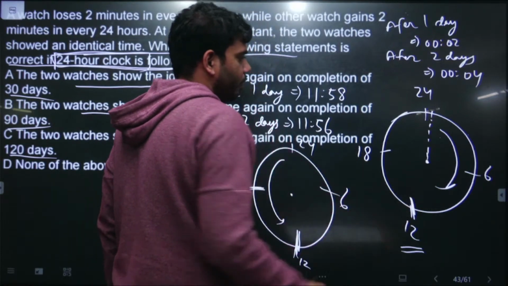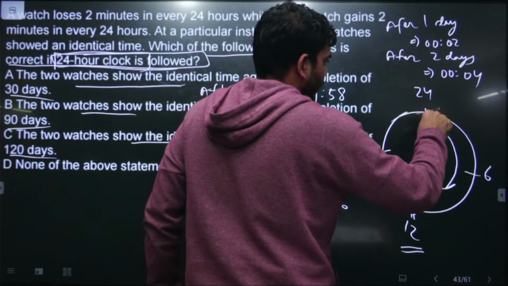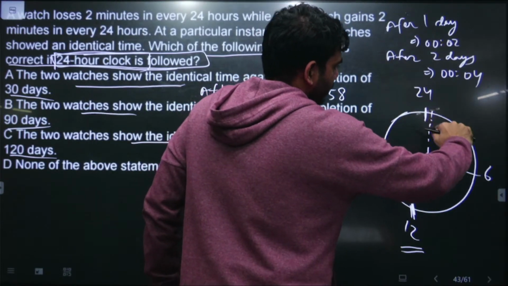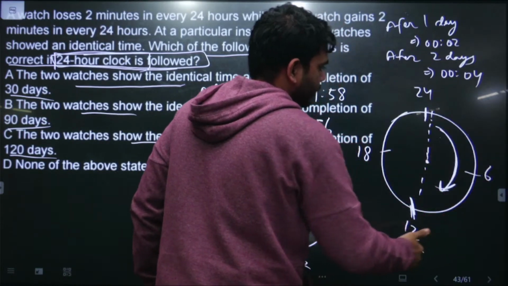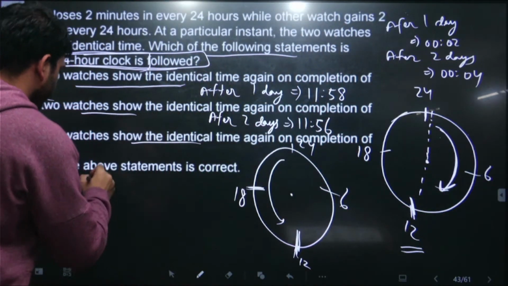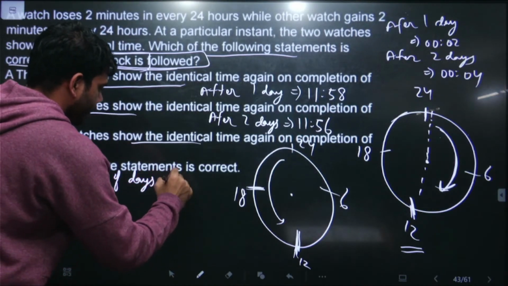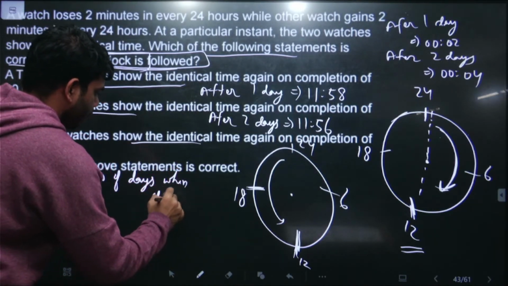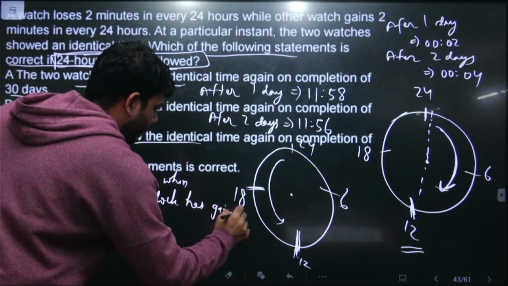Exactly at 12 they will be meeting, right? So taking any one clock, we need to find how many days will pass when this clock has moved ahead this much time. This is a complete 12 hours. So we need to find the number of days. This is what we are asked: when the clock has gained 12 hours.